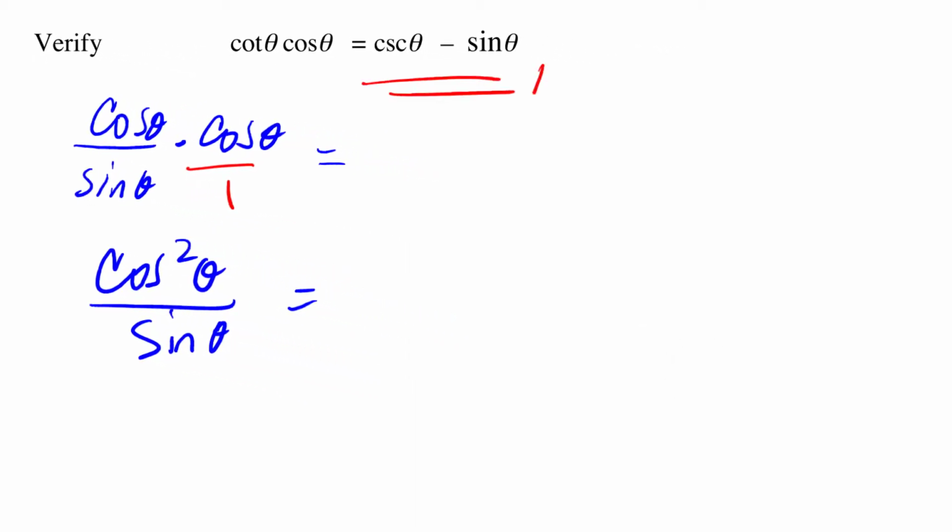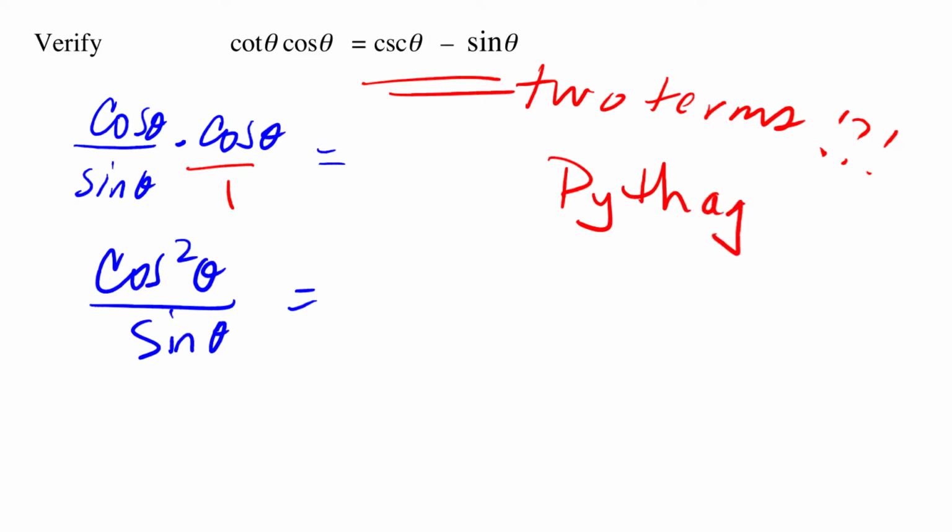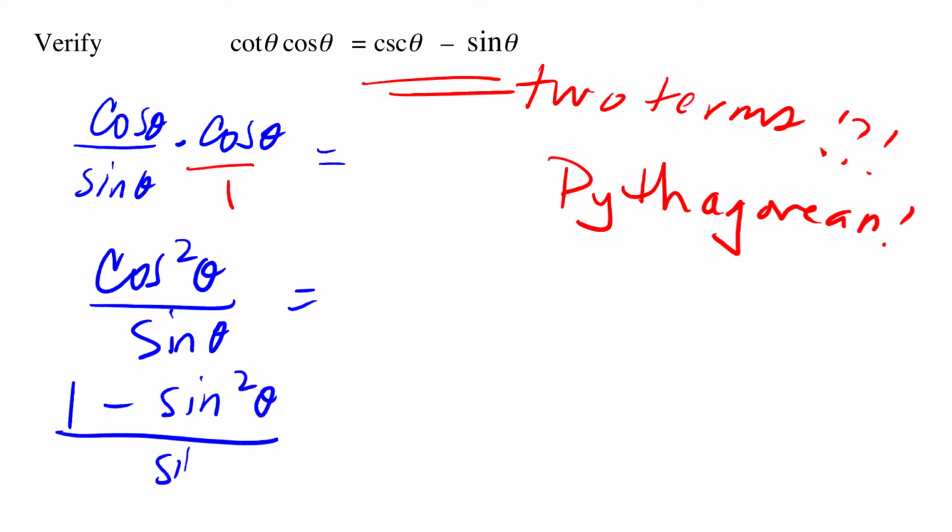So this is how we make one term into 2 terms, with the Pythagorean identity. And that means that we do have to have something squared. Okay, so let's remember what the cosine squared theta identity is. It is 1 minus sine squared theta over sine theta.